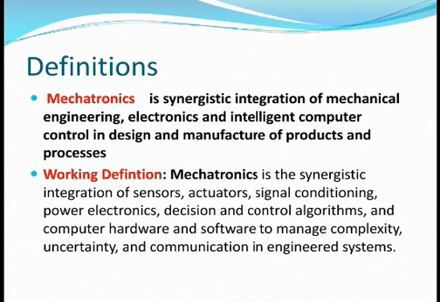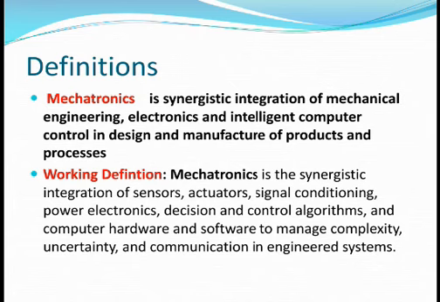So, in this definition, we can see that it is integration of mechanical and electronic and computer for the control in design and manufacturing of a product. So, usually in mechanical engineering, we are going to manufacture the products only by mechanical means. Similarly, electronics only by electronic means.